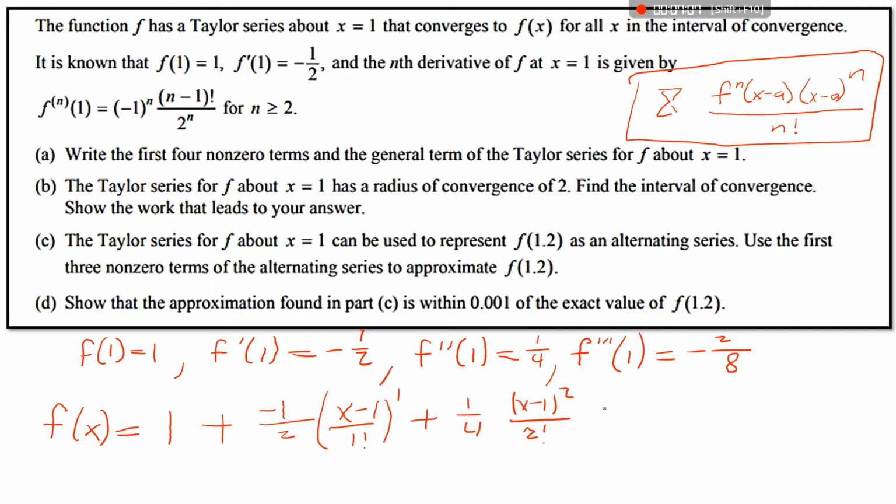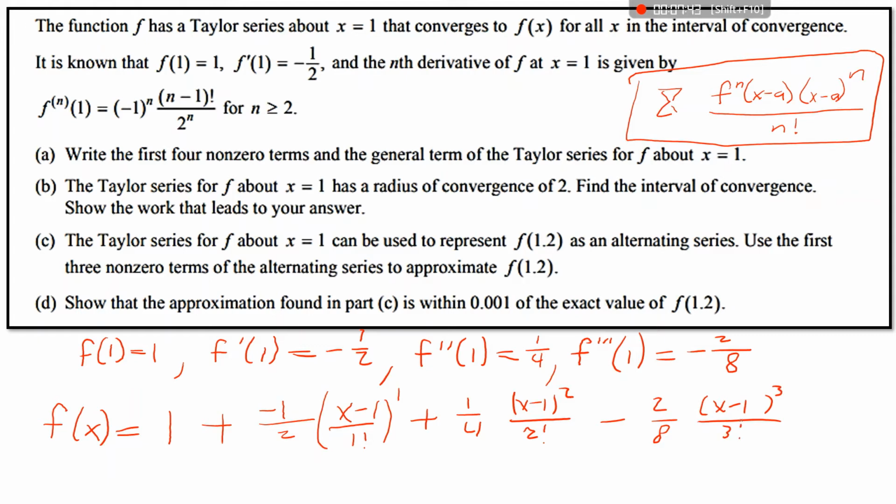Okay, and last one? Minus 1 over 8. Okay, so that's a 2, but this would be minus 2 over 8 times x minus 1 to the third power and divide by 3 factorial.